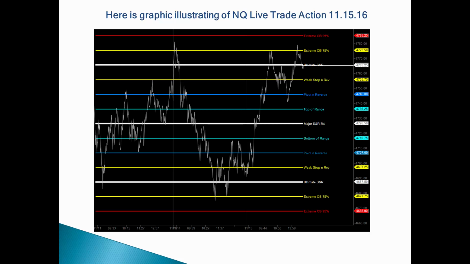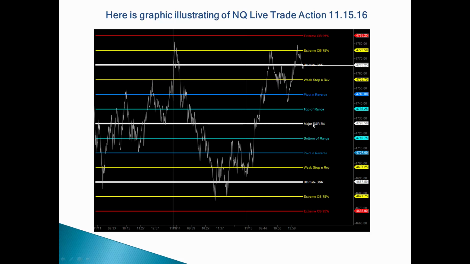So let's take a look at a couple of snapshots here that I've created over the past couple days. This was one from yesterday in the NASDAQ, during our live trade action. This is our indicator that we've created, and as you can see, it has the same labeling convention on it.